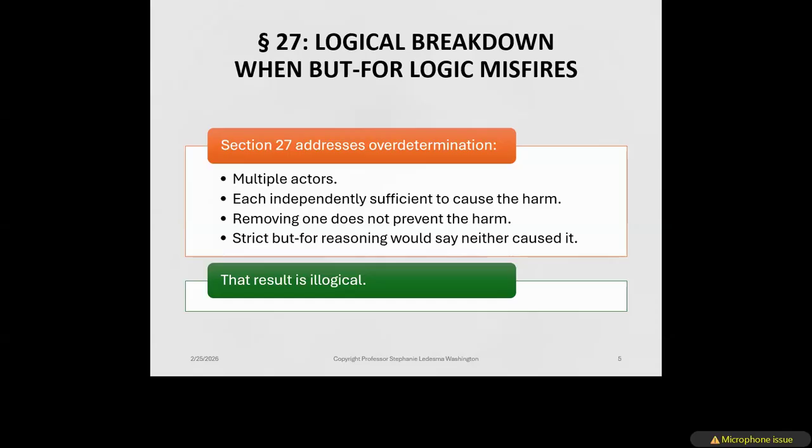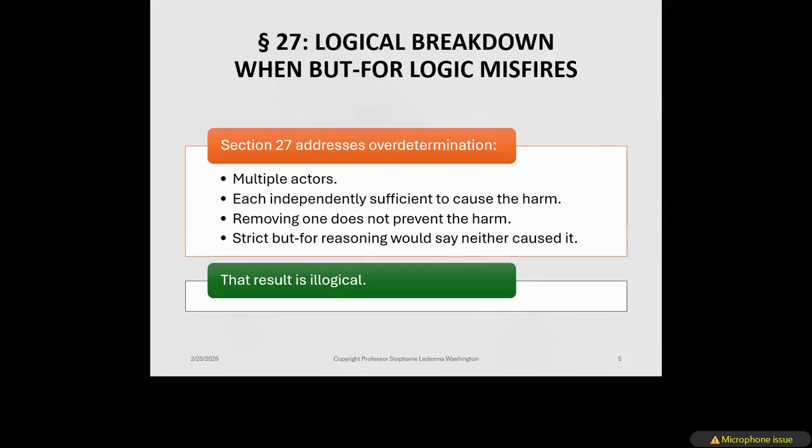Restatement Third of Torts, section 27, is still the but for test, but it is a different version that is applied when there is a logical breakdown of the but for rule. What's the logical breakdown? When the but for rule yields an illogical outcome, we rely on section 27.